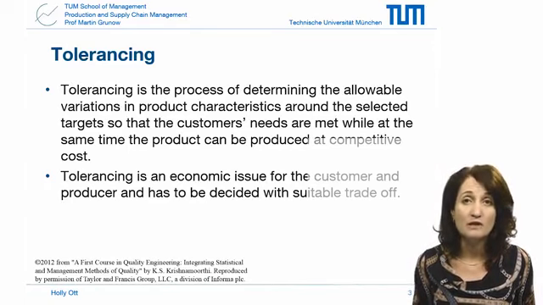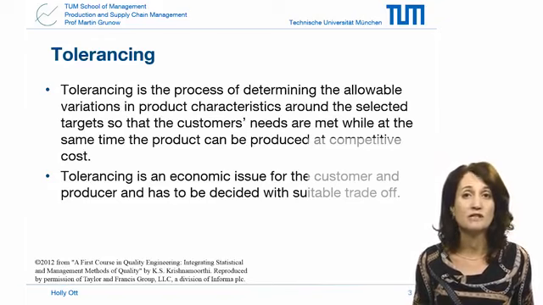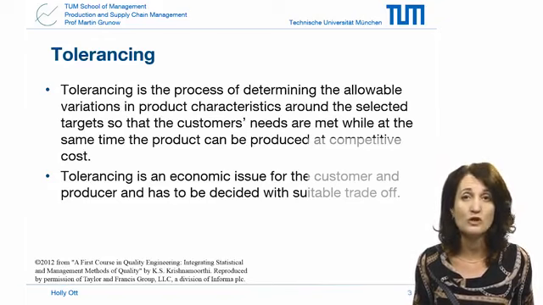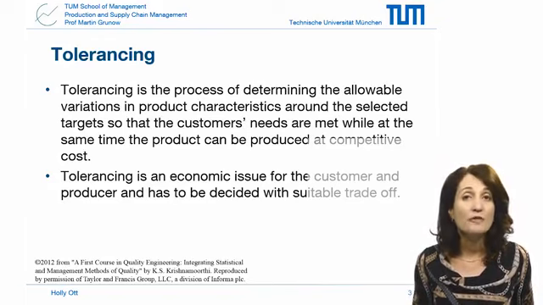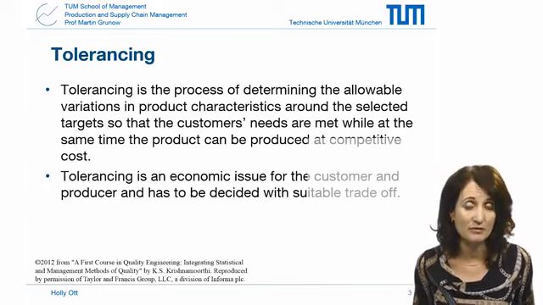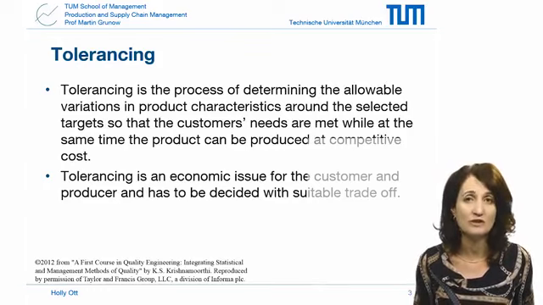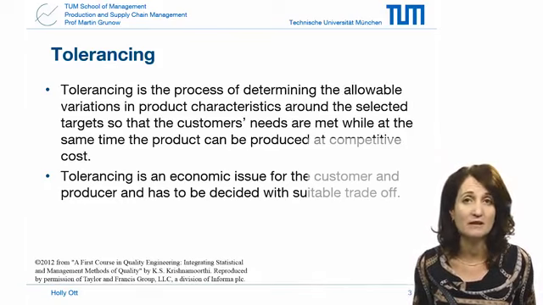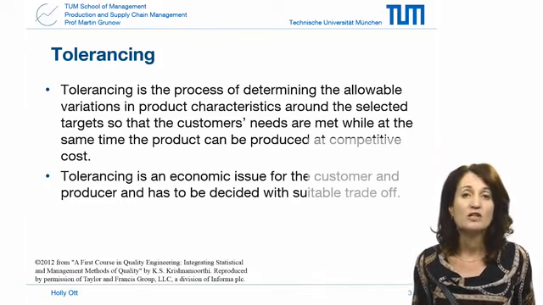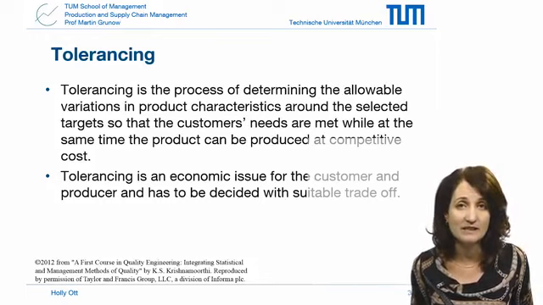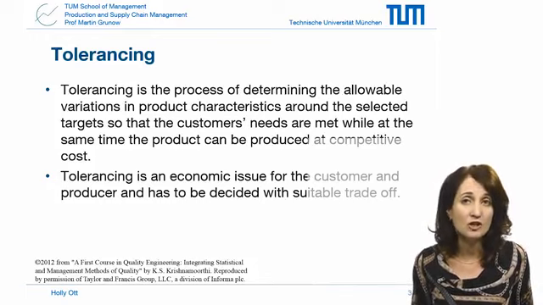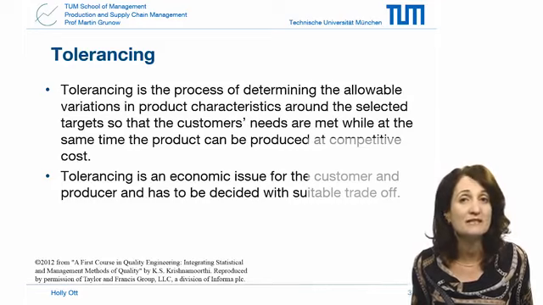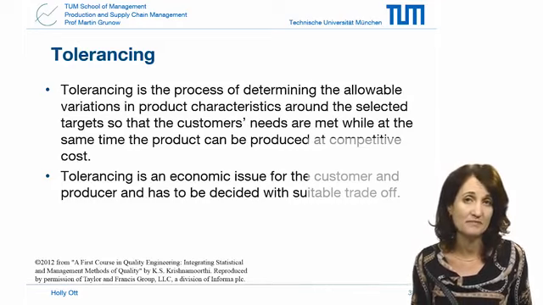For the customer, now, the customer could be, for example, the end user, or it could be the operator in the next assembly line, for example. If the part is moving along to a different production stage, it could be then the people working in that next production stage. Tolerance design then will affect these customers about how the product looks and performs, or how easily it can be assembled in the next higher assembly.